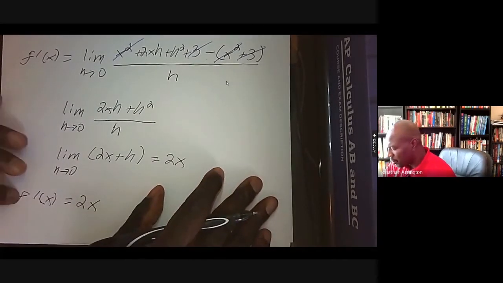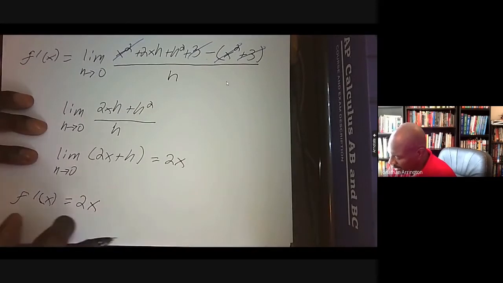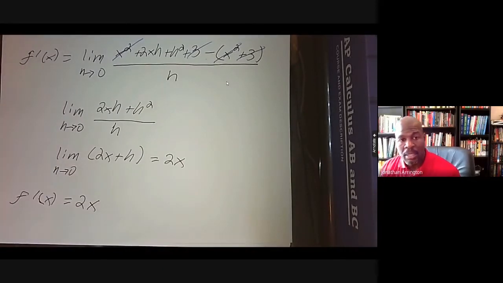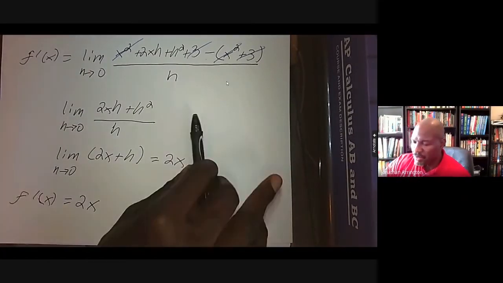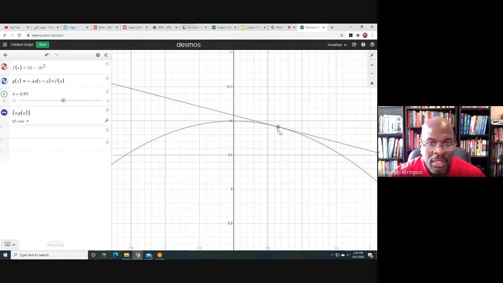Now again, this derivative is a function, but I talked about it representing the slope of the tangent line. Well, the slope of the tangent line depends on the value of x. So if you look at P as my tangent point, for example, as I choose different values of P, you can see the slope of the tangent line changes.